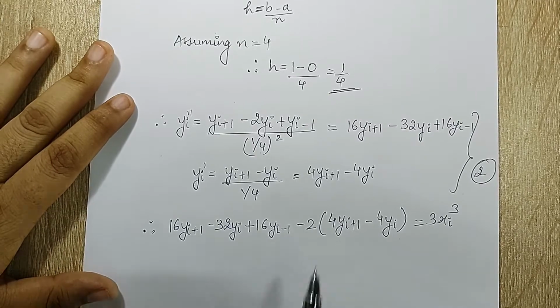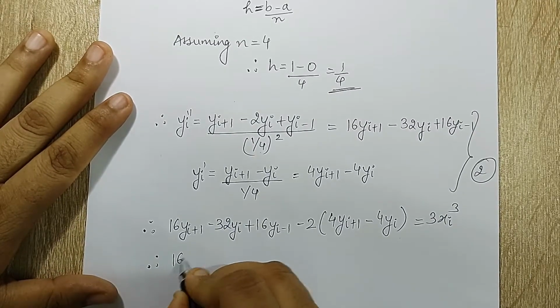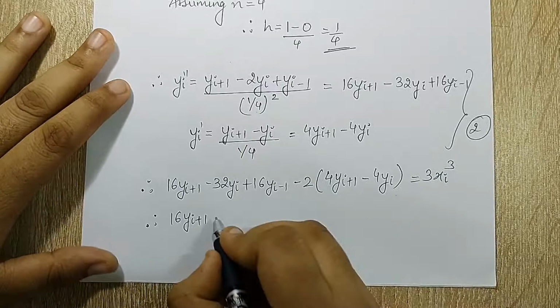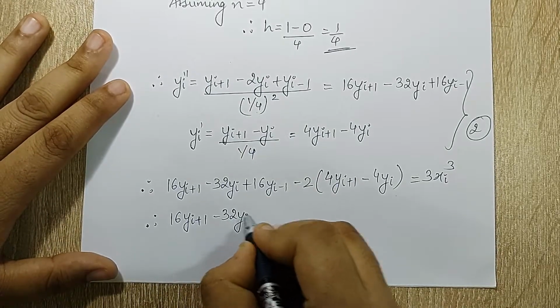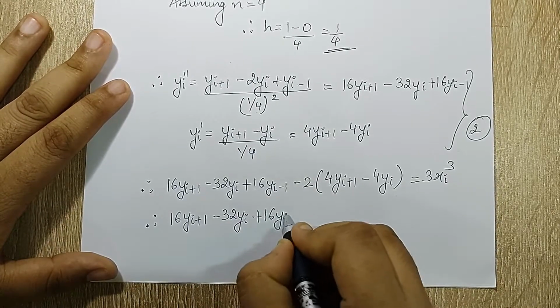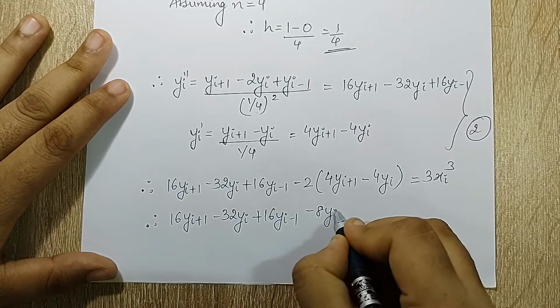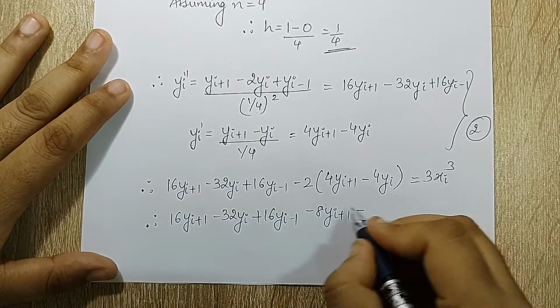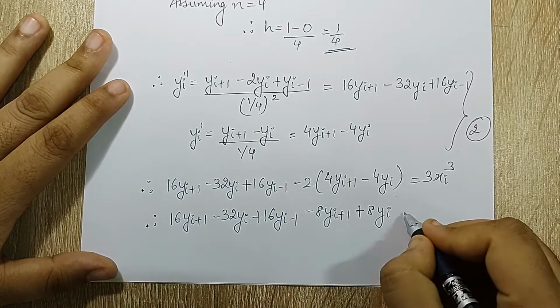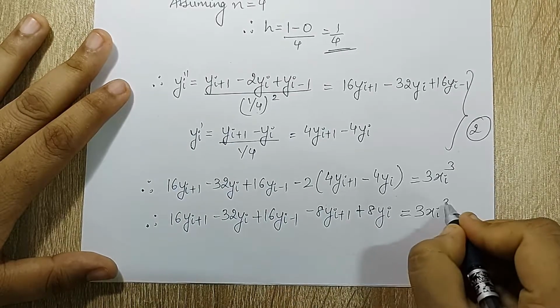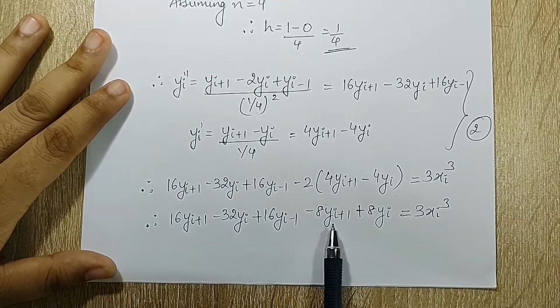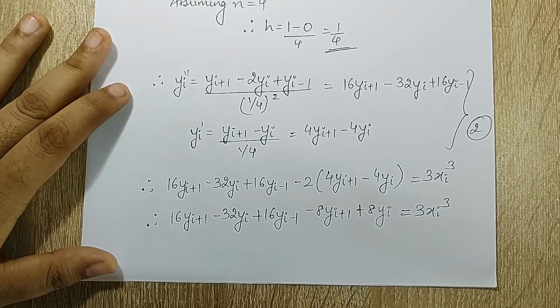Now I am going to open up this bracket making it 16 yi plus 1 minus 32 yi minus 8 yi plus 1, minus minus makes it plus 8 yi, is equal to 3xi cube. Now here if you observe, these two terms can be added together.